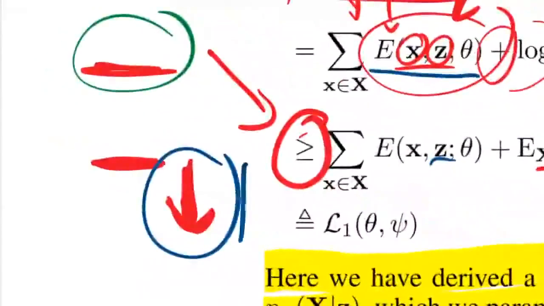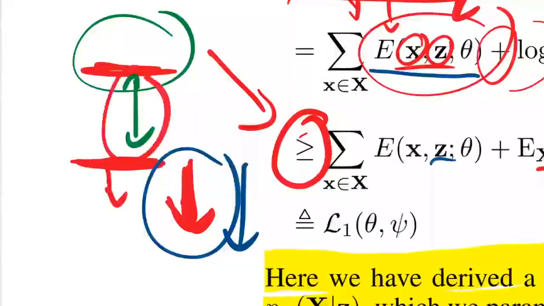So we'll push this down. But whenever we optimize our generator, that's when we make this gap here smaller, okay? So we always do two steps. In one step we reduce this, and in the other step we'll bring these two closer together.